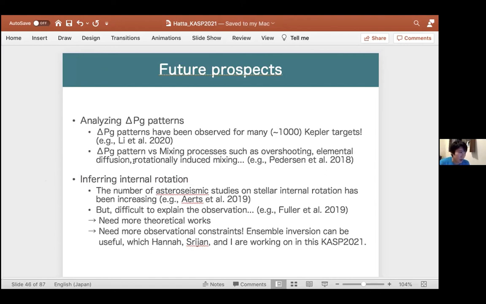But I think there is no such study focusing on rotationally induced mixing and delta PG patterns. So I think this is a very promising and interesting topic in the near future.